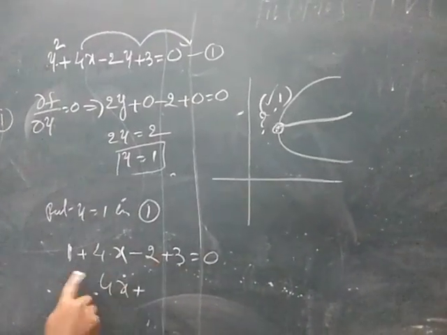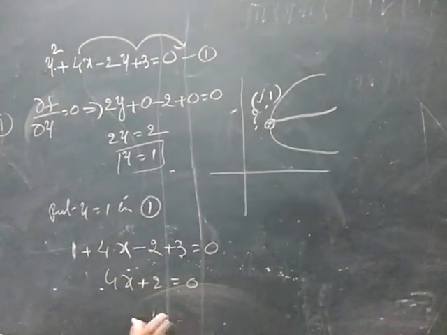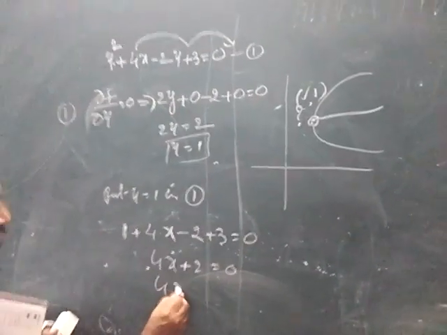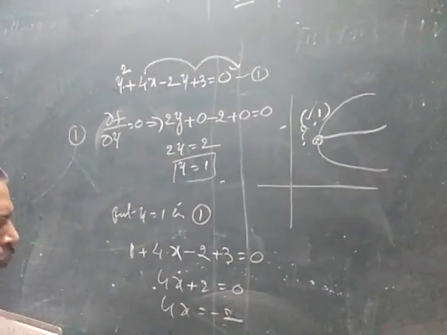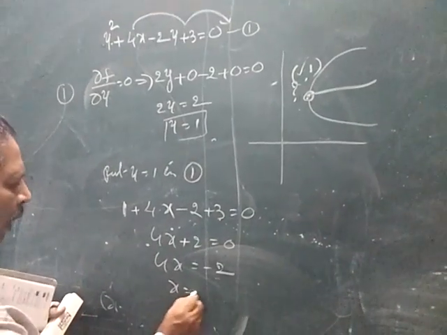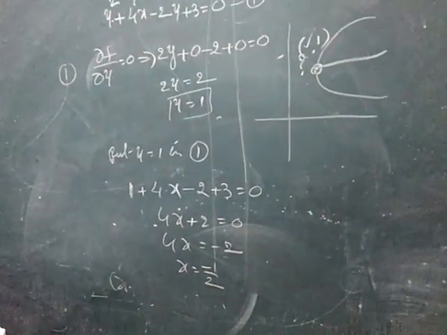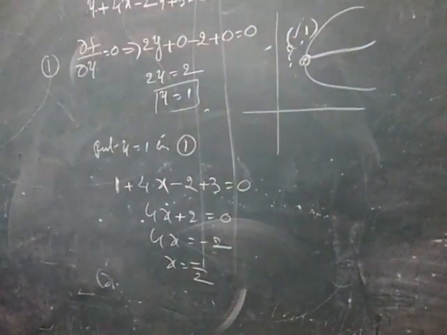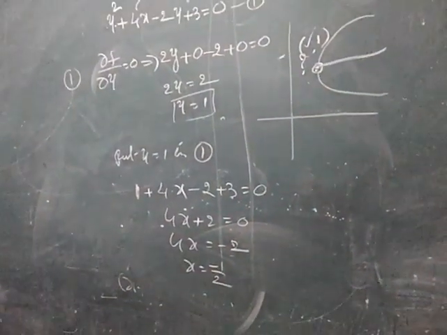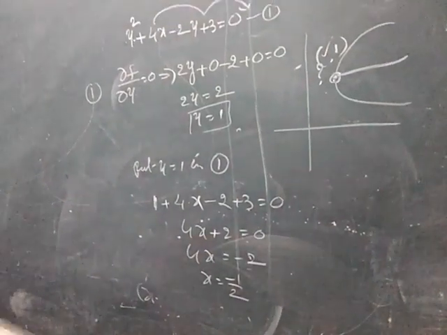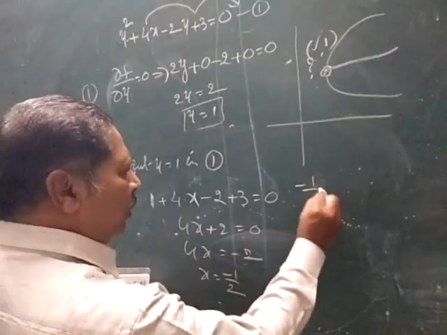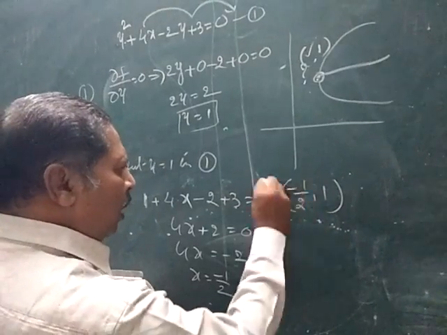So 4x plus 2 equals 0, 4x equals minus 2, and the x value is minus 1 by 2. So the answer is minus 1 by 2 comma 1.